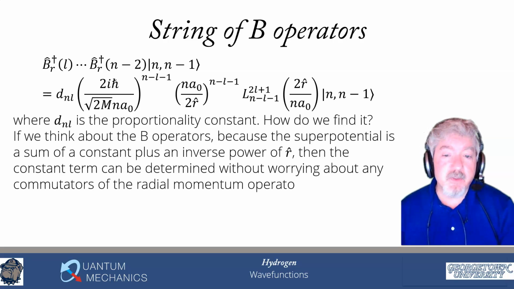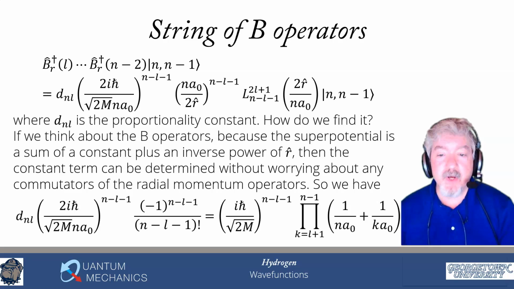Because we have terms that go like constants plus powers of 1 over r, if I look at all of the constant terms in that string, the highest order term in the polynomial, the one that's the constant term, because remember, I'm factoring out this factor of 1 over r hat to the n. So that constant term becomes the r hat to the highest power, which is n minus L minus 1 in this polynomial.